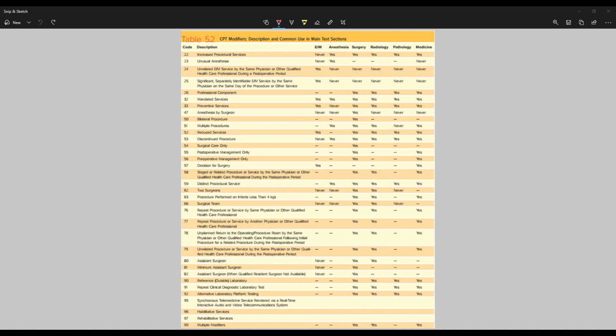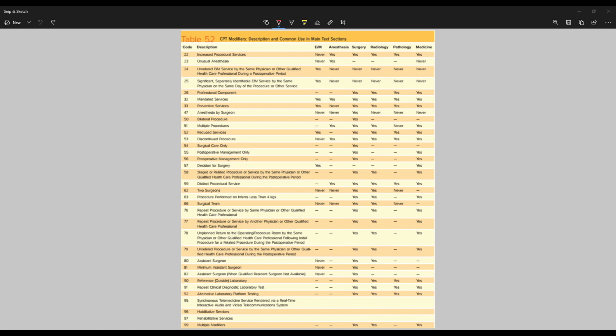And the 201 to 205 range is outpatient services for a new patient. Okay? And each number increases the difficulty of the evaluation and management visit. For established patients, it's 211 through 215, and the same thing applies. A level 1 is the 11, a level 5 is the 215.